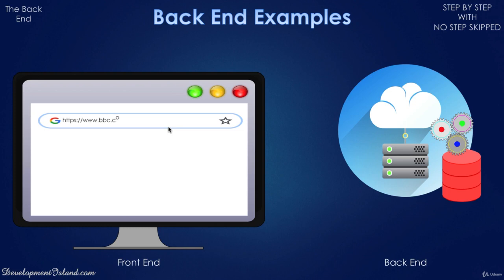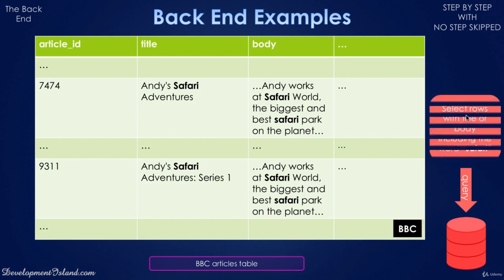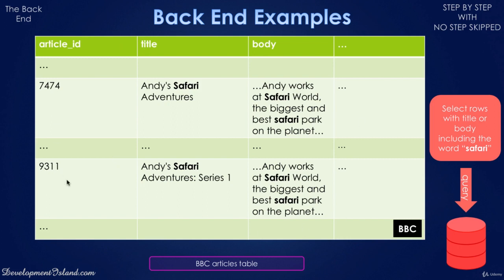So this is the URL which is sent by the user from the front end. By the way, this URL is generated once you click on the search button, and it's going to be included in the request sent to the server. So once our app in the server receives this request, it's going to communicate with the database by running a query. So it's looking for all rows in the articles table with a title or body including the word Safari.